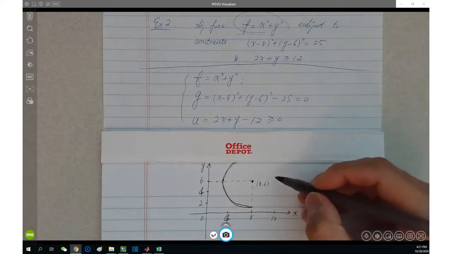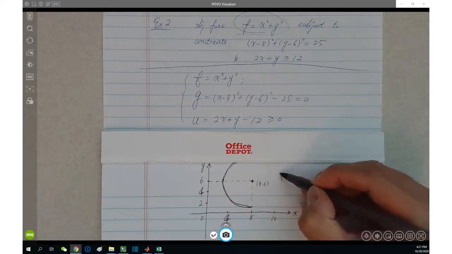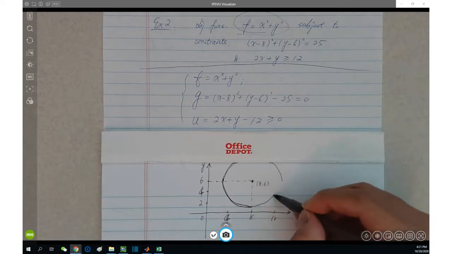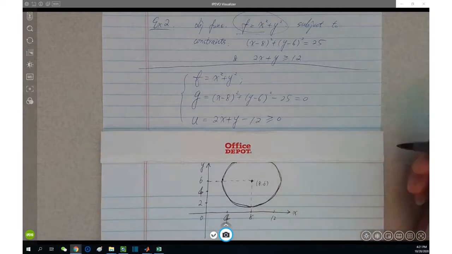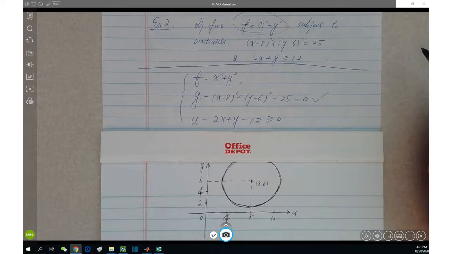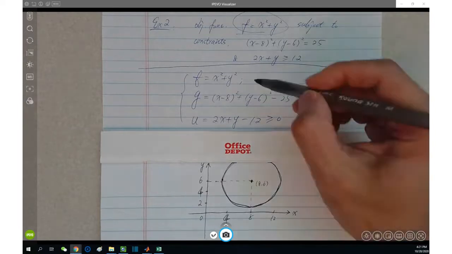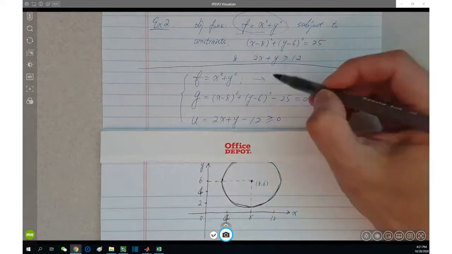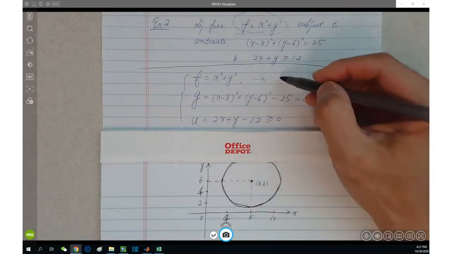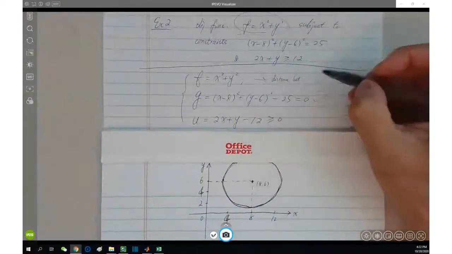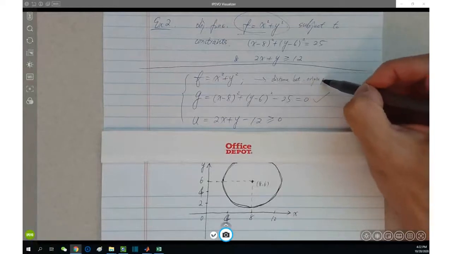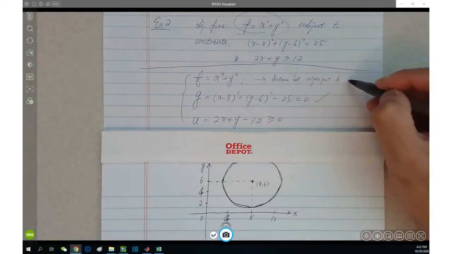This circle is our equality constraint. Makes sense. And f is what? You can feel free to understand this like example 1, which is the distance between the origin point and this circle.